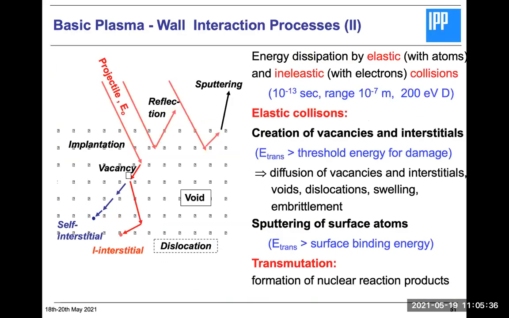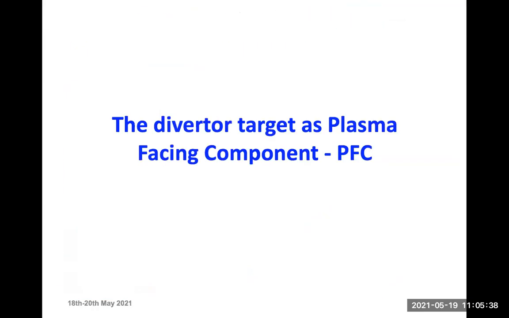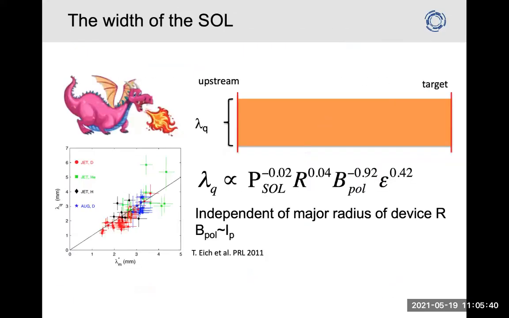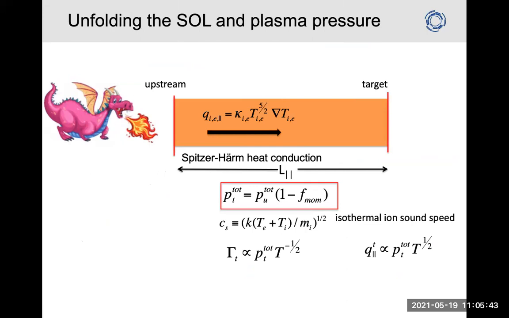You remember that right at the beginning, we had the particle flux to the target proportional to the pressure at the target divided by the square root of the temperature. And the power flux to the target is essentially the pressure times the square root. You can also write the power flux to the target as the particle flux to the target times the square root of the temperature. For this P, you could write gamma.